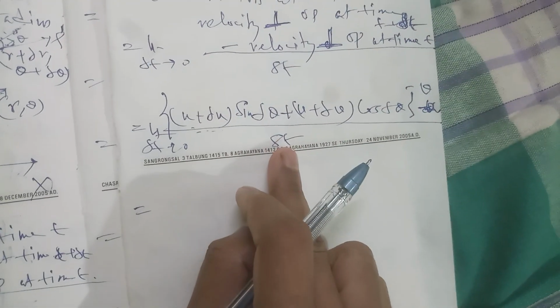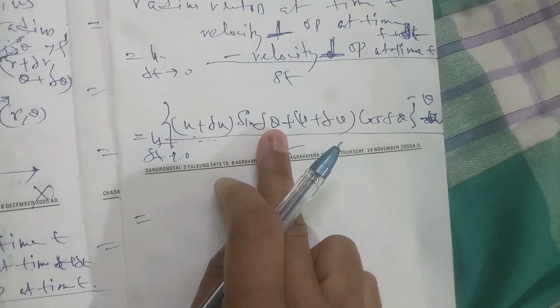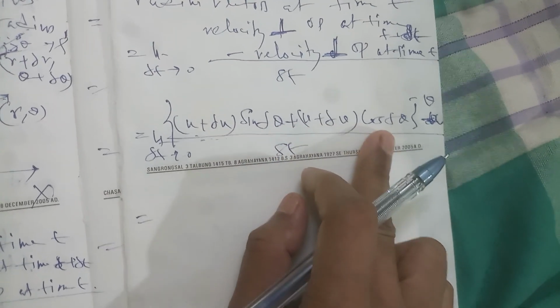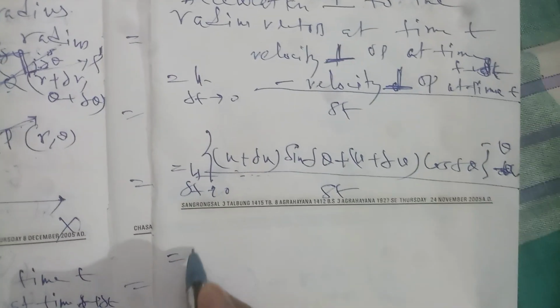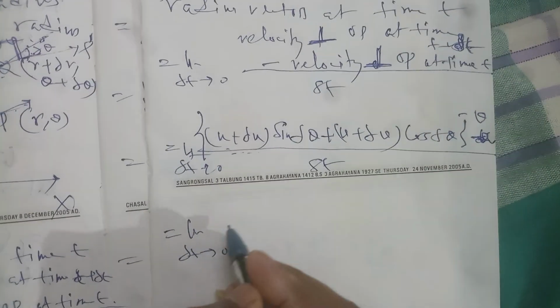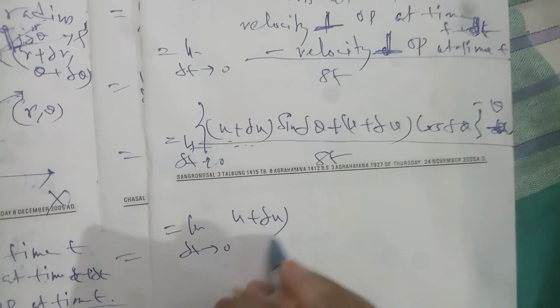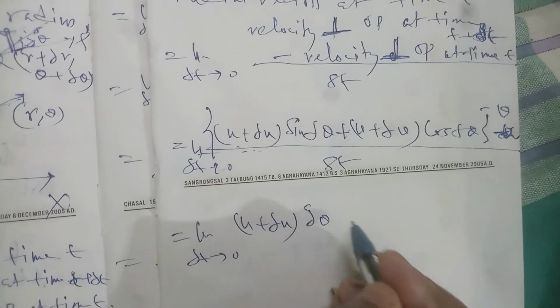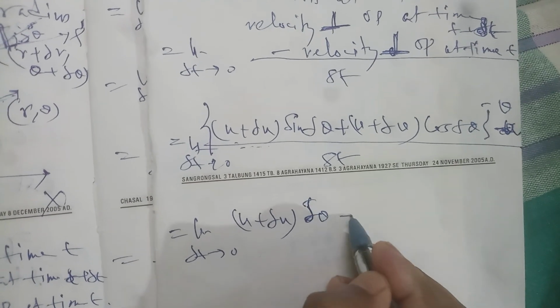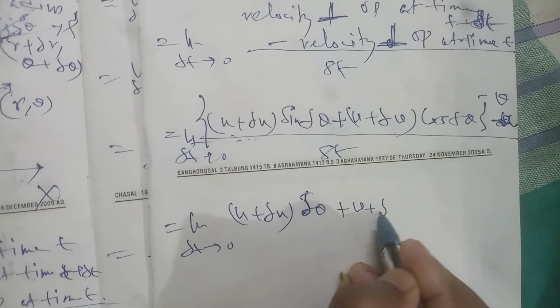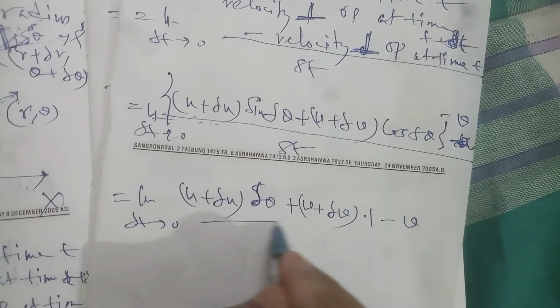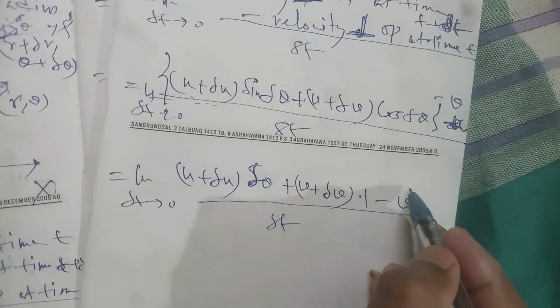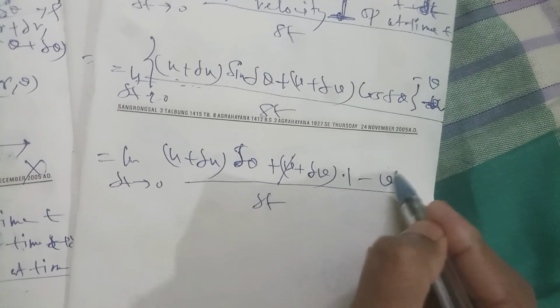So now, as delta t tends to 0, delta theta is a very small quantity, so sine delta theta will be delta theta, and cos delta theta will be 1. So write it: limit delta t tends to 0, (U plus delta U) delta theta plus (V plus delta V) into 1 minus V, all divided by delta t. Now V will cancel each other.